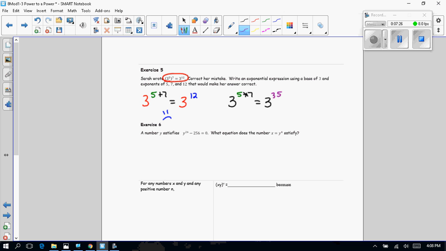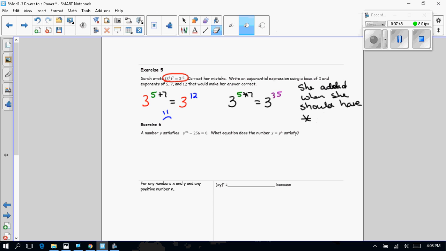So we have everything there, right? She added when she should have multiplied, right? When she should have multiplied. Okay.